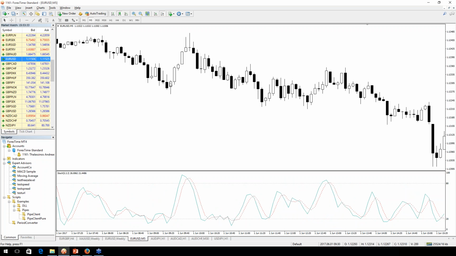Well, is this a hammer? Is this a hammer here? Yes, it's a hammer. Is our stochastics below 30 and moving above? Yes. Signaling oversold extreme area.